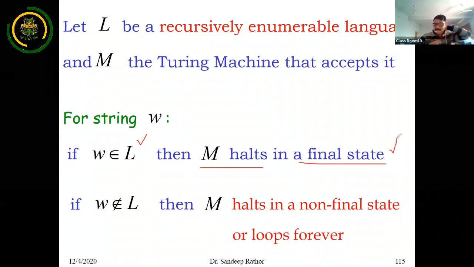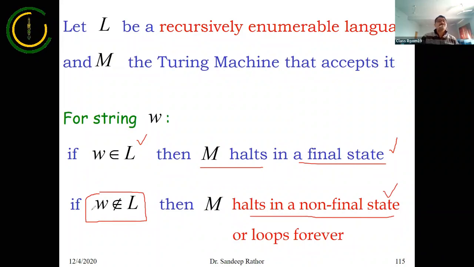Now, another case is the case for rejection. In this case, just see here, if W does not belong to L, then M halts in a non-final state. This is similar to the recursive languages. But another point is, or loop forever.